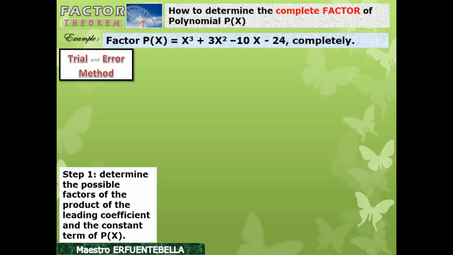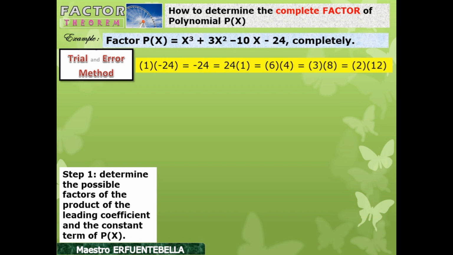So in this step, we are finding the possible factors, or the possible r, of that given p of x to get the remainder equal to 0, by trial and error. So we multiply 1 times negative 24. So the product is negative 24. So what are the factors of negative 24? Of course, plus or minus 24 times 1, plus or minus 6 times 4, 3 times 8, or 2 times 12.